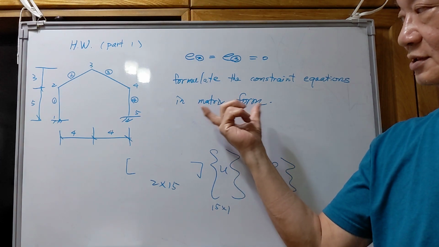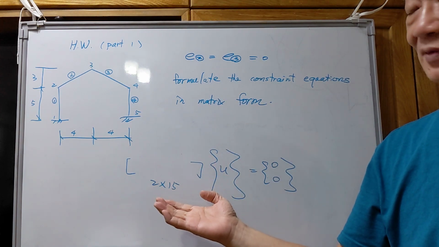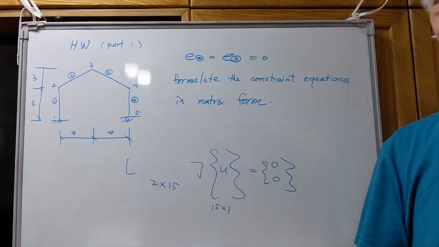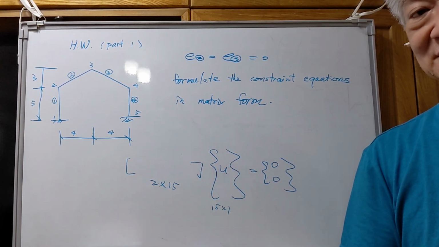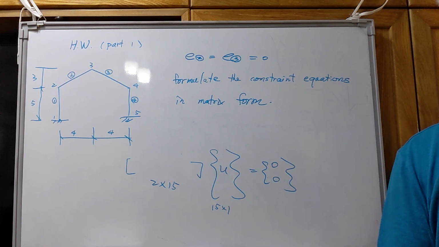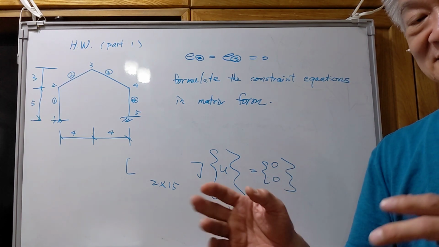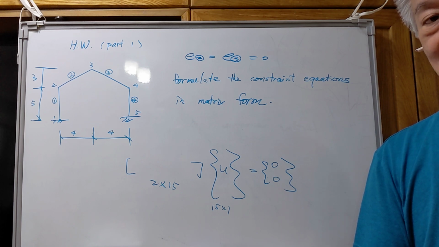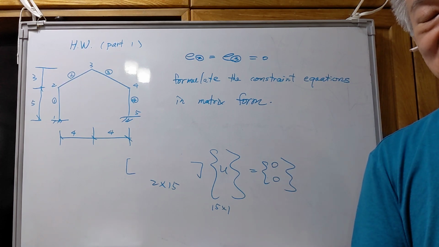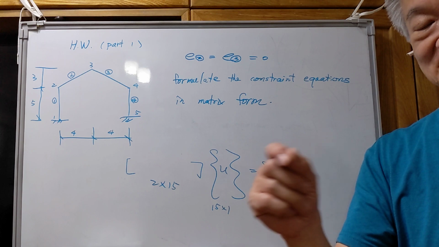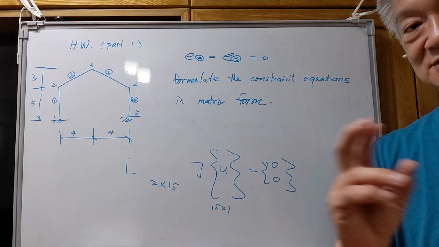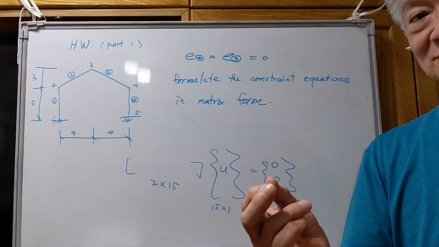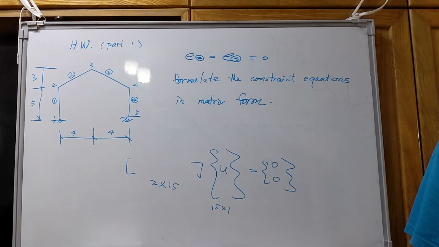And we still need to formulate. In the homework, you don't need to formulate this one. You just formulate the 2 by 6. But if you like to formulate it as a 2 by 15 matrix, then for those unrelated nodal displacements, you just add zeros to represent that this equation is not related to those nodal displacements.